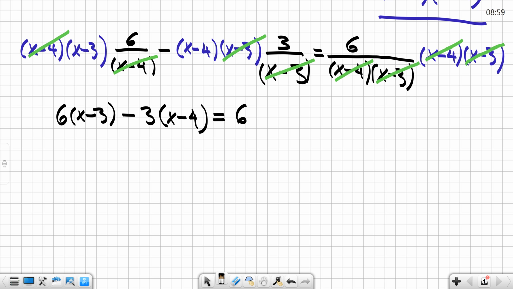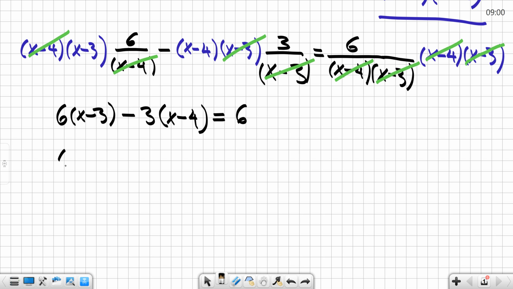This is the new equation that we are gaining when we are multiplying both sides with the least common denominator. This is just a linear equation, and linear equations may or may not have solutions. The way to solve linear equations, we simplify both sides. That means on the left side we are going to use the distributive property.